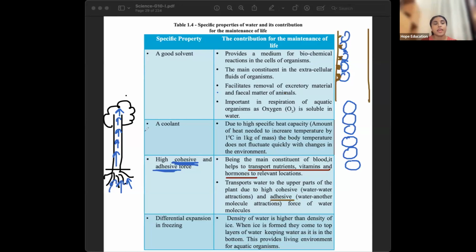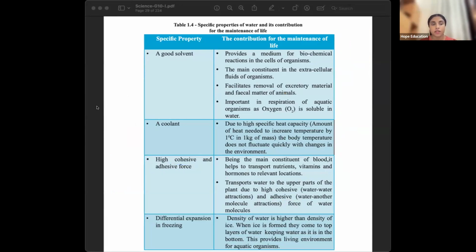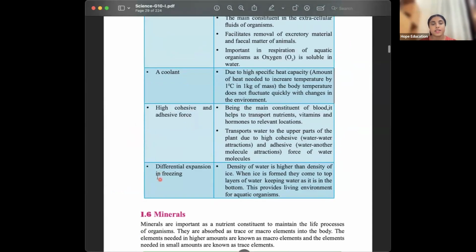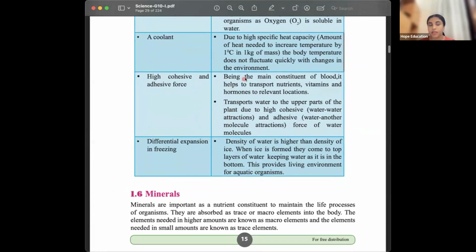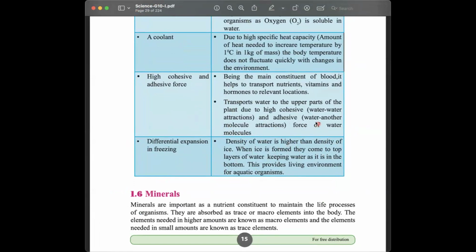Right. Let's talk about the last point. Differential expansion in freezing. Density of water is higher than density of ice. When ice is formed, they come to top layers of water, keeping water as it is in the bottom. This provides living environment for aquatic organisms.